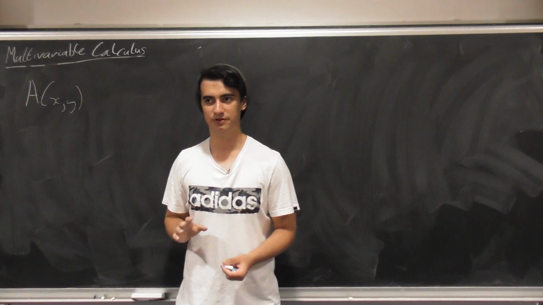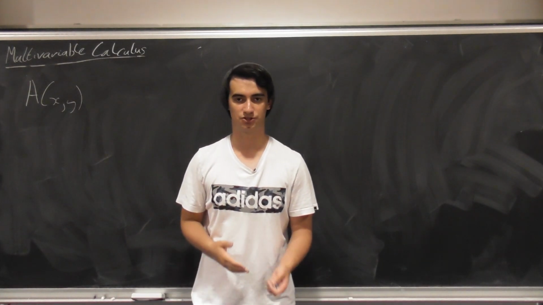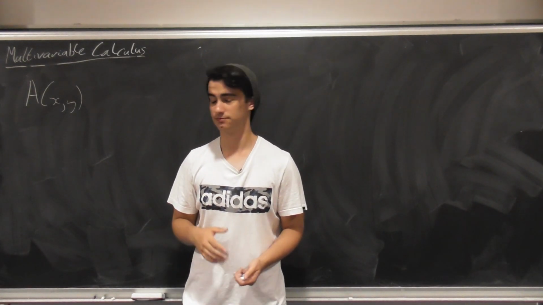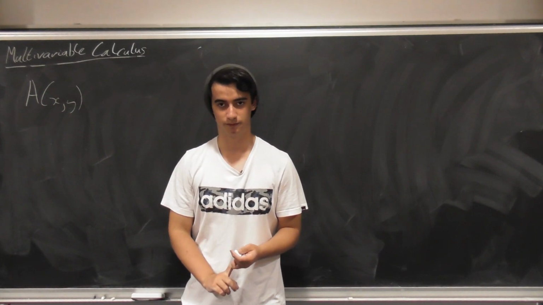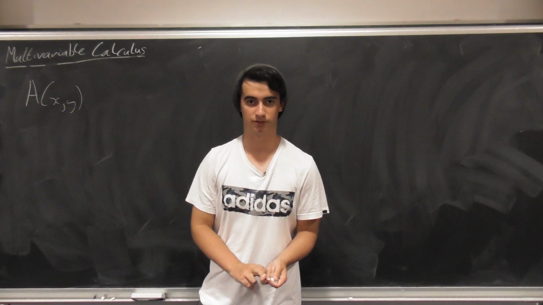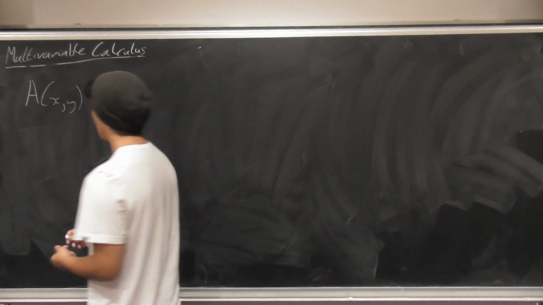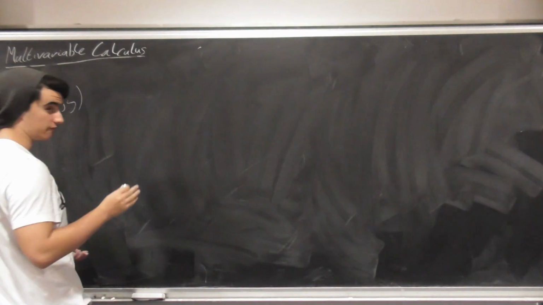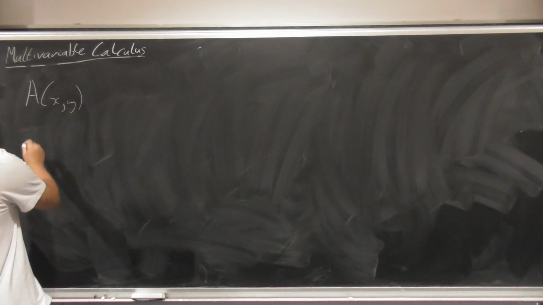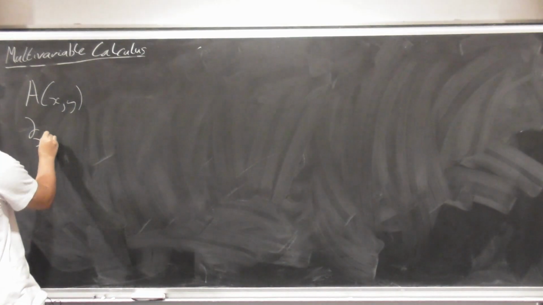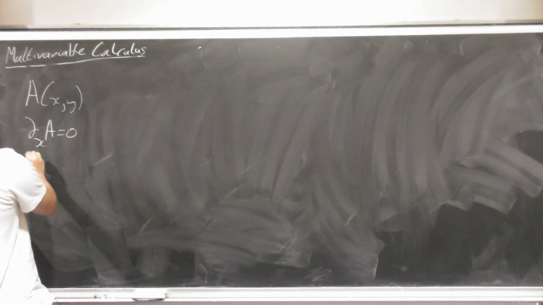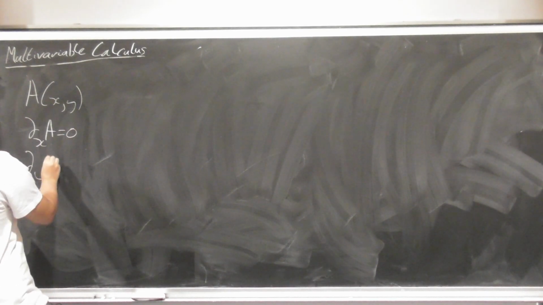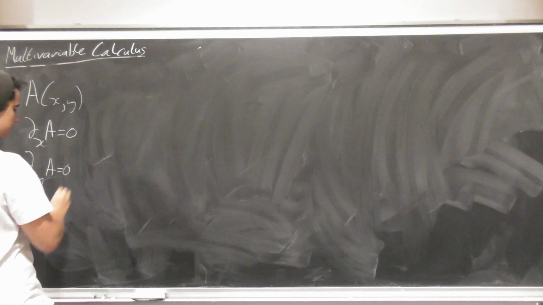Where we would be trying to find stationary points, we need to find not only when one derivative is equal to 0, but all first derivatives are equal to 0. So if we take the partial derivative of a with respect to x, this must be 0, and the partial derivative of a with respect to y must also be equal to 0.